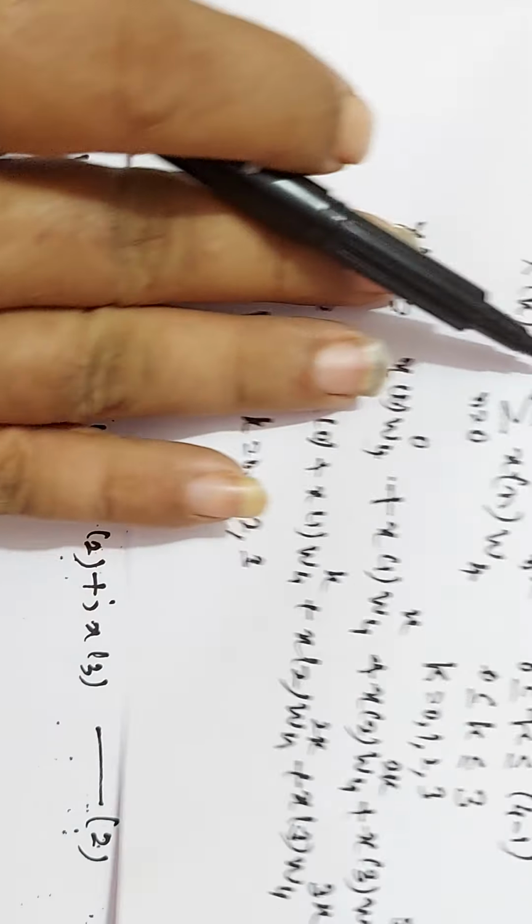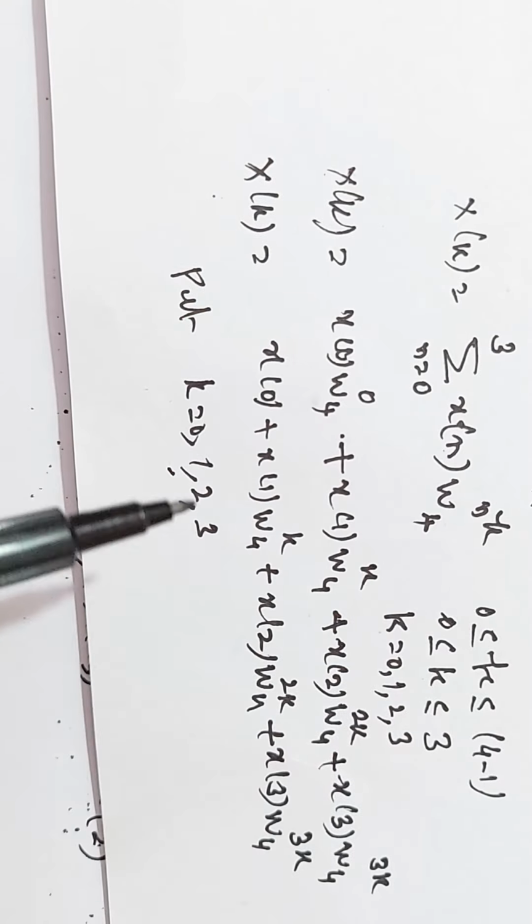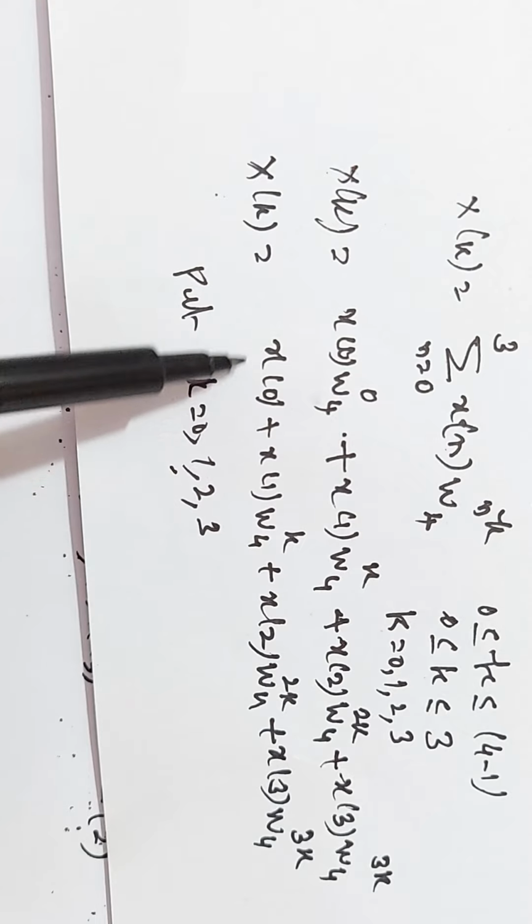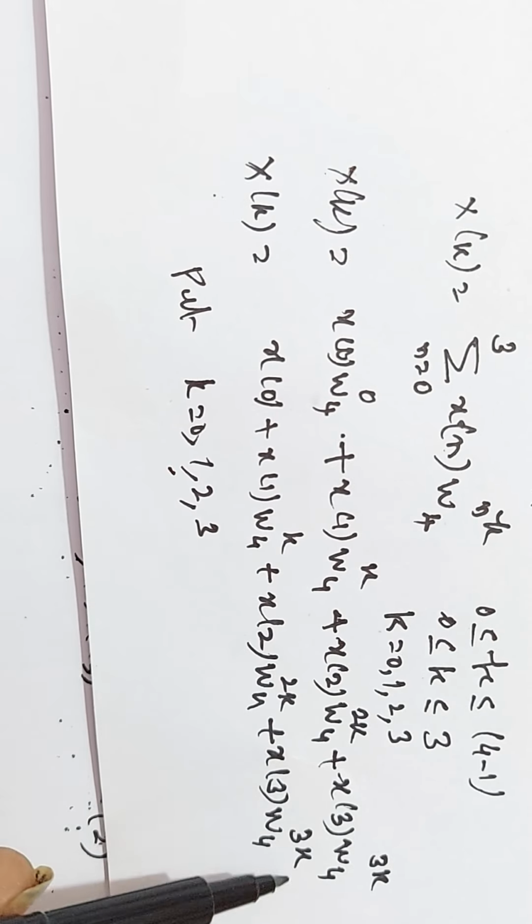Similarly, putting k equals 2, you will get the third sample. In this equation, put k equals 2.